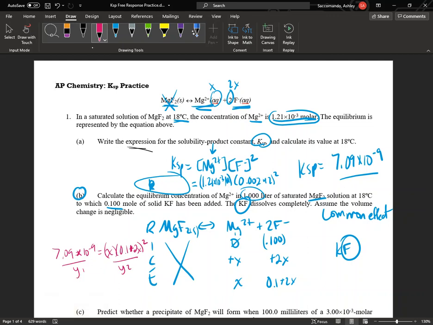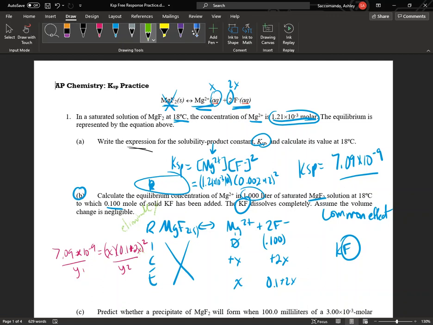But we're going to assume X is really small and we're going to cancel it out and eliminate X. We eliminate the X there. This should work. That's going to be like 0.1 squared, 7.09 to the negative 9 divided by the 0.01.